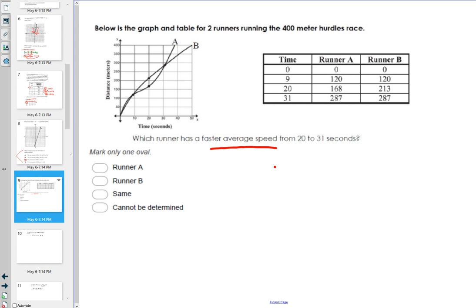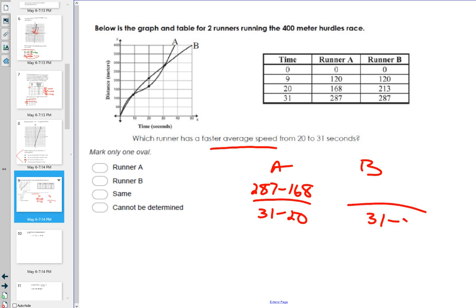So runner A between 31 and 20 seconds: at 31, he was at 287, and at 20, he was at 168. Runner B between 31 and 20 seconds: also at 287 at 31, but then at 213.